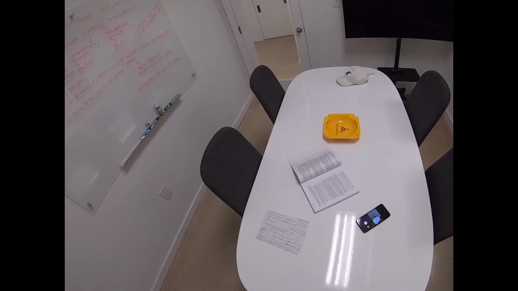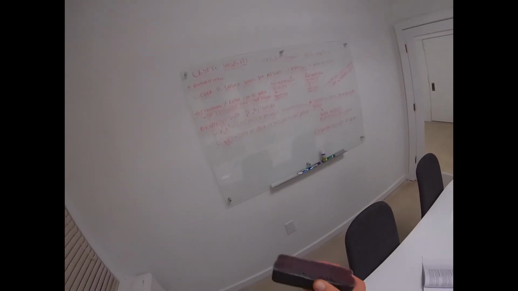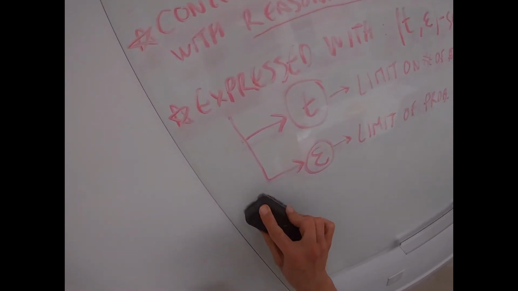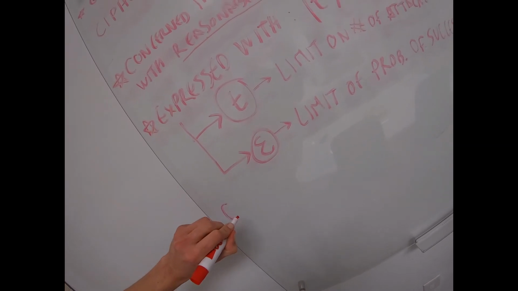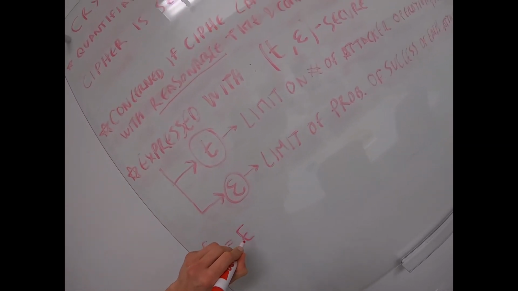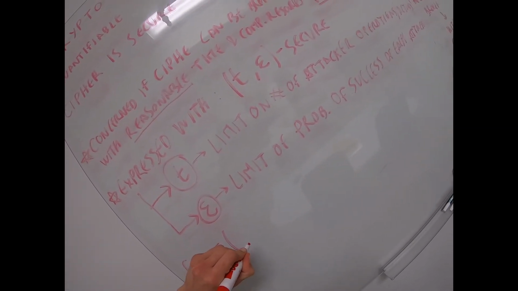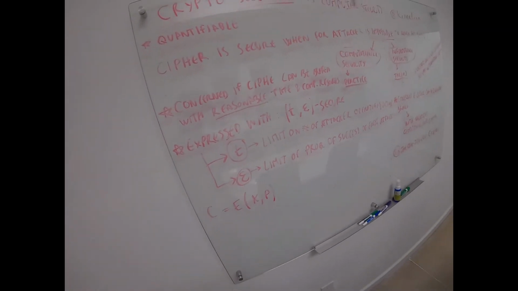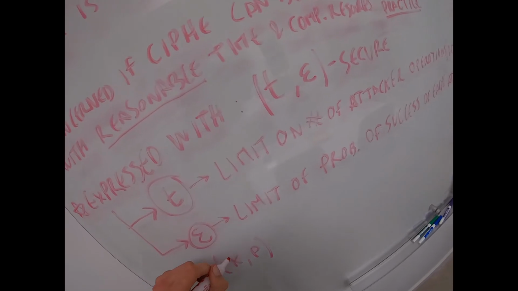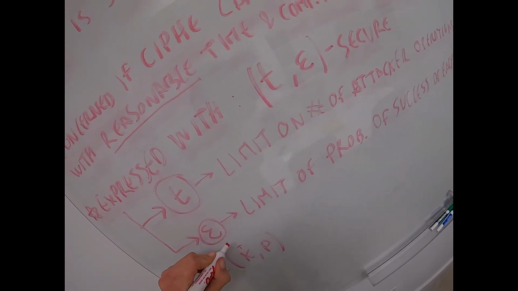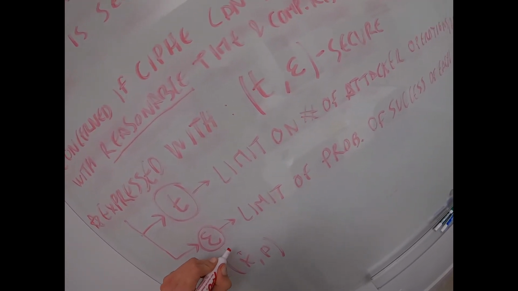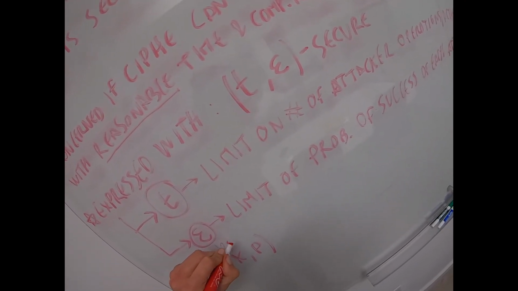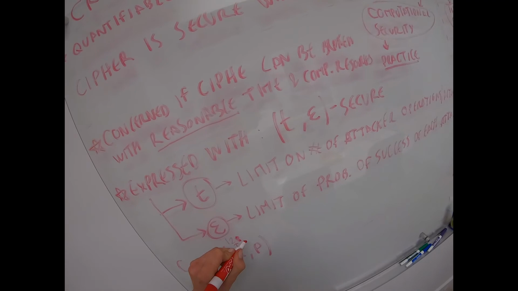So let's consider that example of this cipher again. We have a ciphertext, which is given by an encryption function on a key with some plaintext. The key is 128 bits.